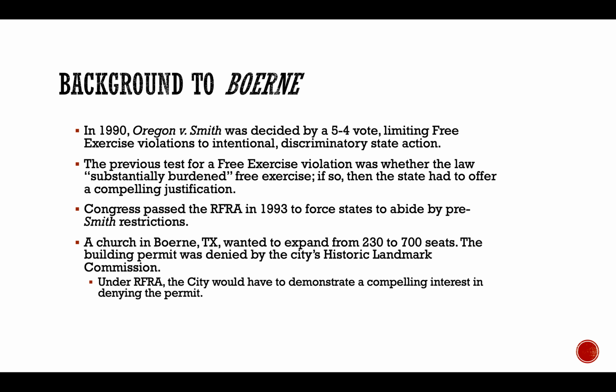Under RFRA, because the church claimed that it was substantially burdened, if RFRA was to stand, then the city would have to demonstrate a compelling interest in denying the permit. That would be very difficult because the church claimed that it would keep the facade, but it wanted to essentially gut the church.